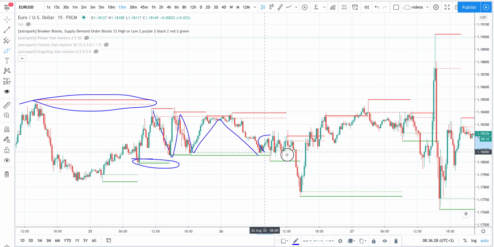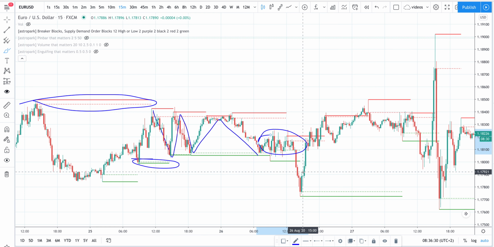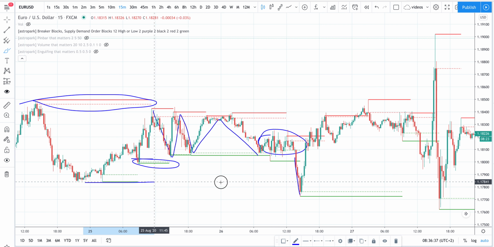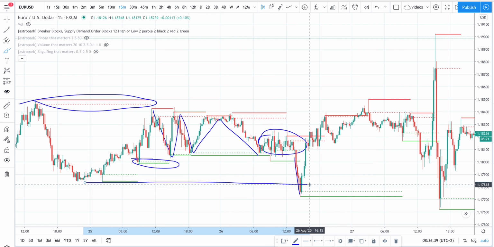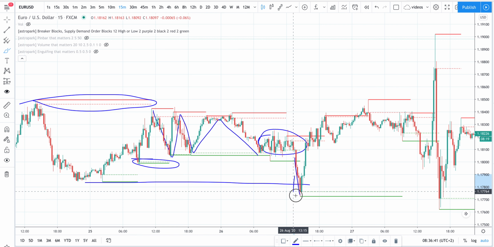Okay, here we have a consolidation clearly, so you expect a breakout. Breakout was down somehow on this. So when you see here this bullish engulfing, you see that the dump was rejected.